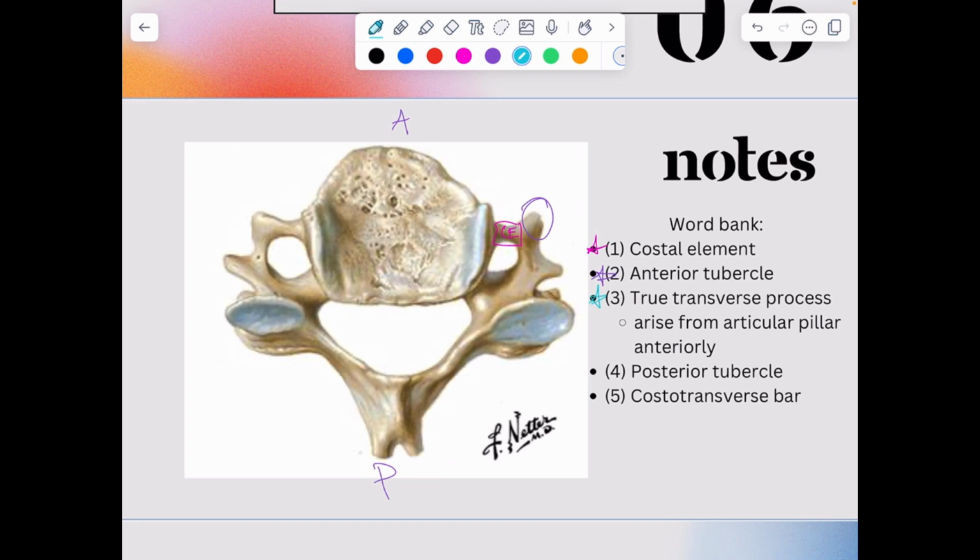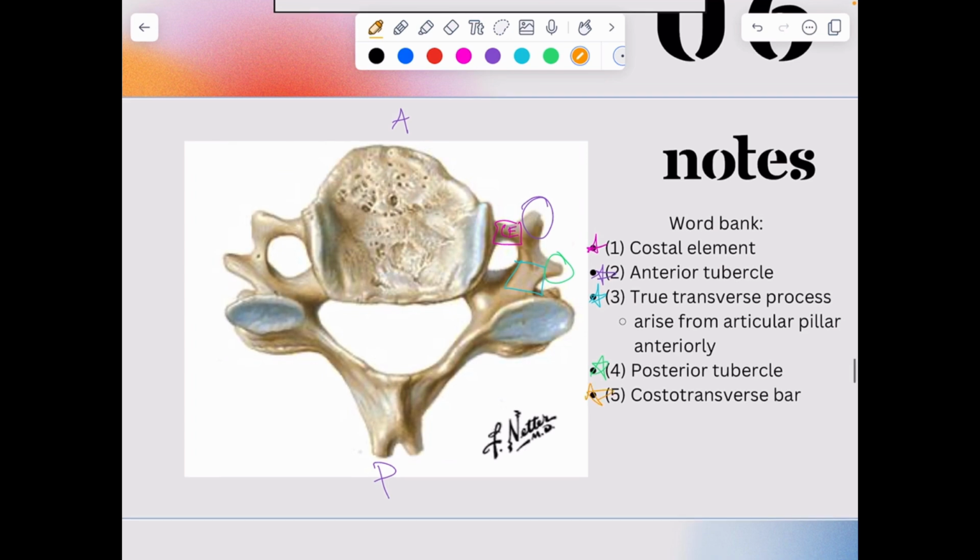We have the true transverse process right here. We have the posterior tubercle right here. We have the costotransverse bar right here. Yeah?